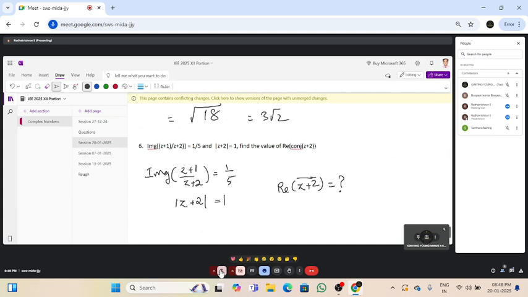Okay. Please try for some time. Let's try. You should be able to solve it. Again, same way. In these kinds of equations, you have to take z equal to x + iy.